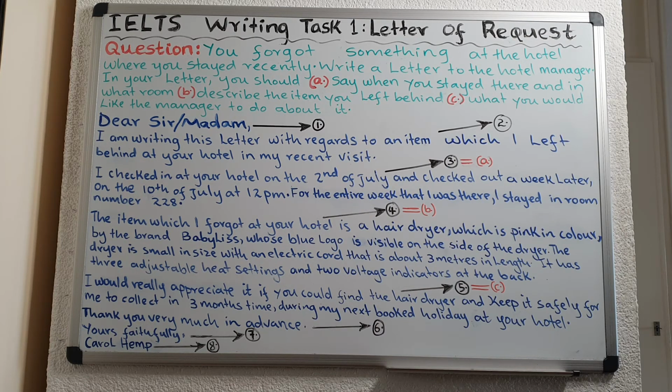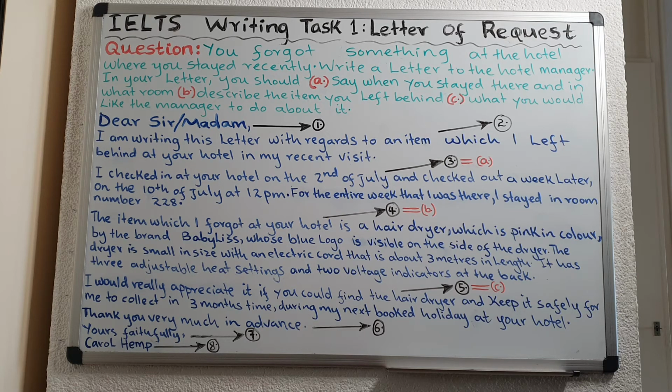So I have identified the item, and I have described it in detail in terms of the color, which brand it is. Does it have a logo? What about the size? Is it large? Is it small? What about the electric cord?